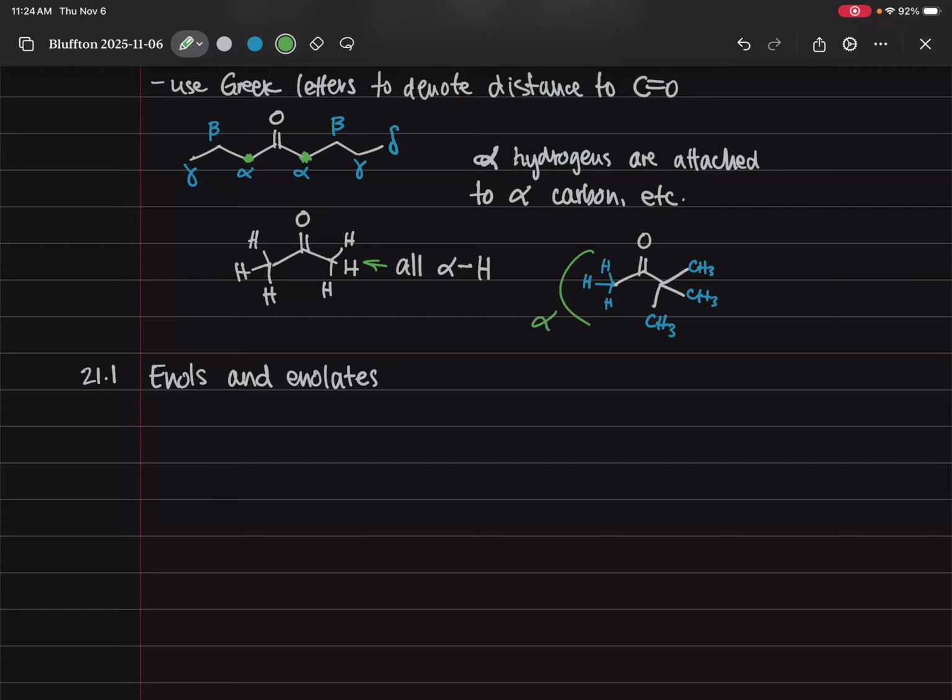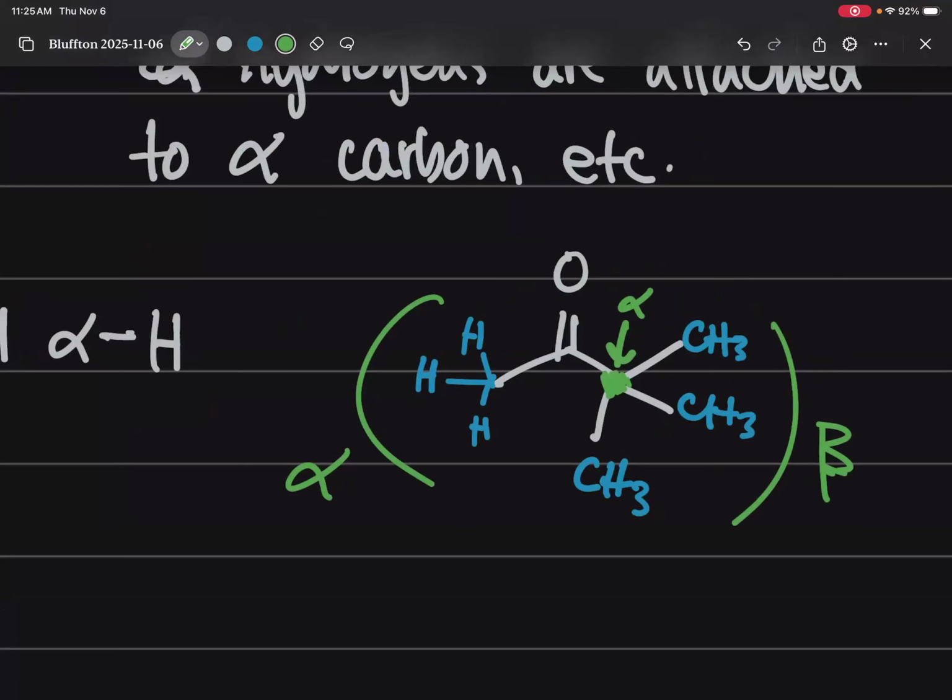These are all alpha, and those are all beta. Here's the carbonyl carbon.